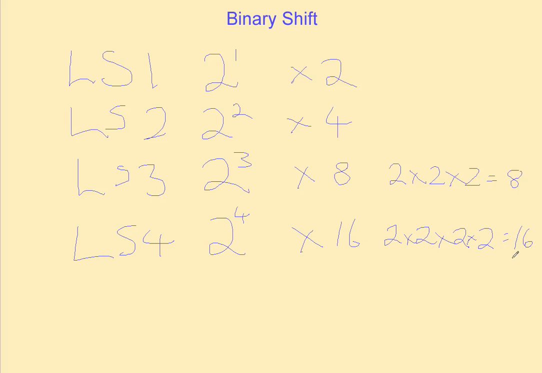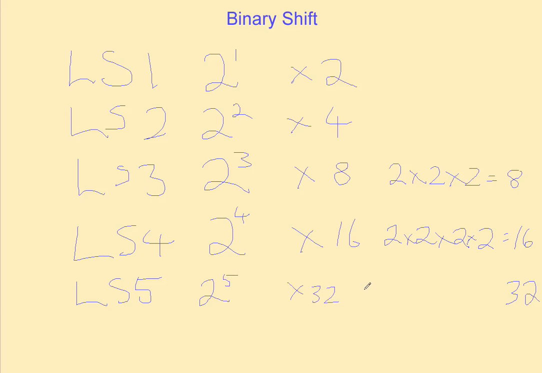So we can see that there's a pattern happening here. 2, 4, 8, 16. So our next left shift should actually multiply by 32. Let's check that. So left shift of 5 is 2 to the power of 5, which we are saying is times 32.